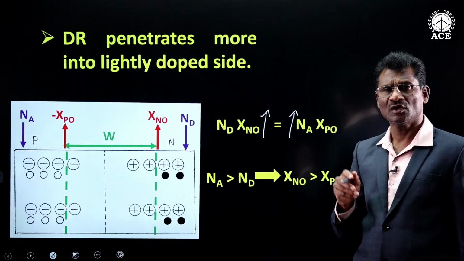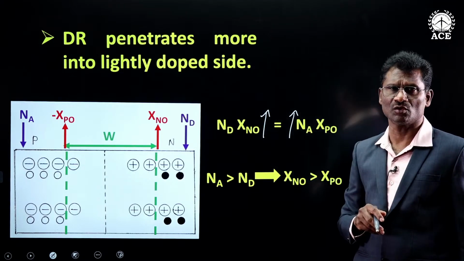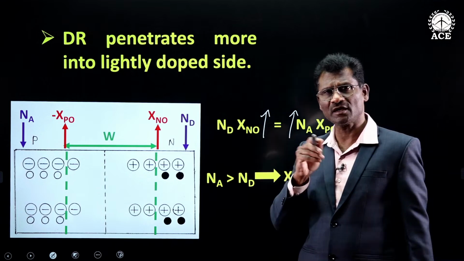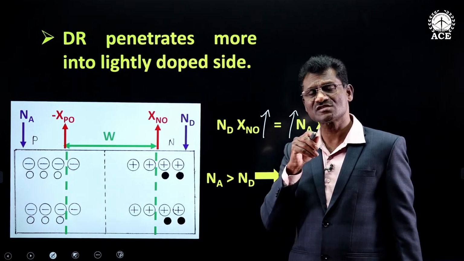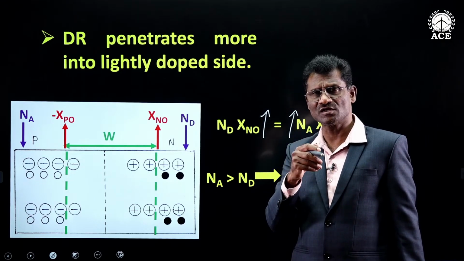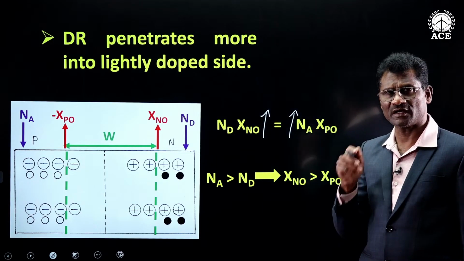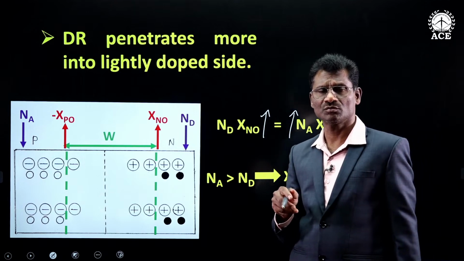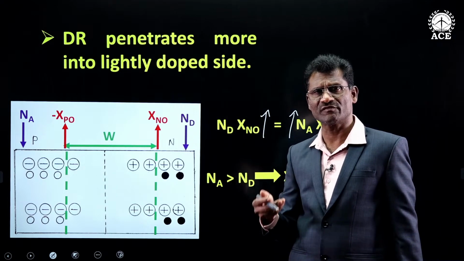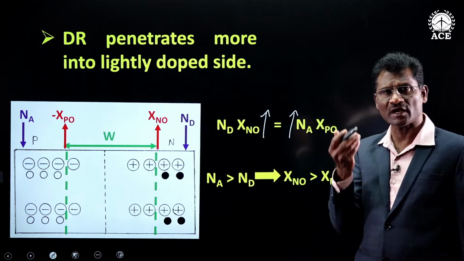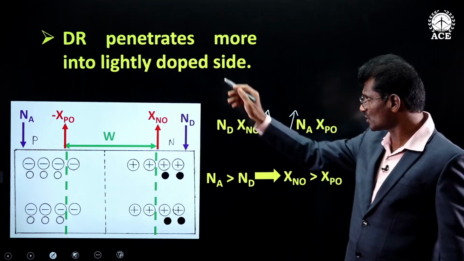Why? Because out of this collector junction diode, the collector is doped more than the base, meaning the base is slightly doped, and hence the depletion region penetrates more into the base. That is given the name punch through, and the concept is given the name early effect. So in early effect, we will be using this statement.